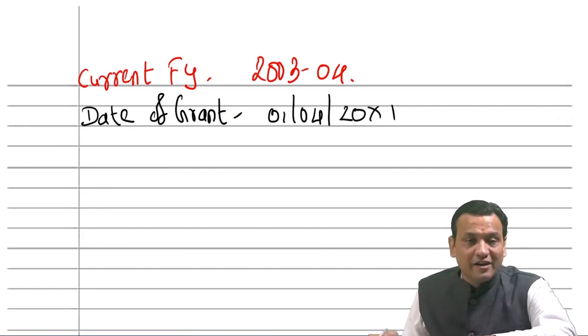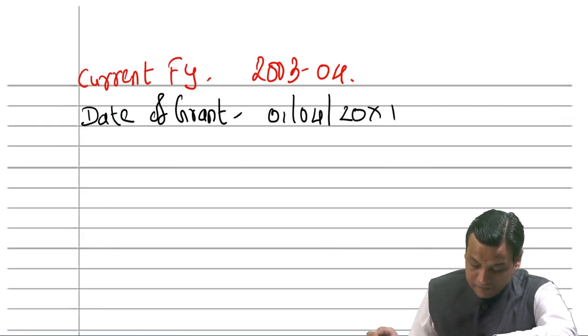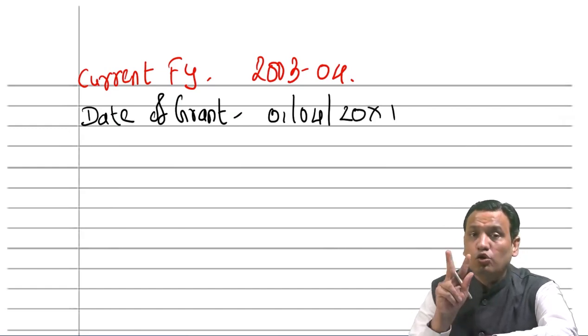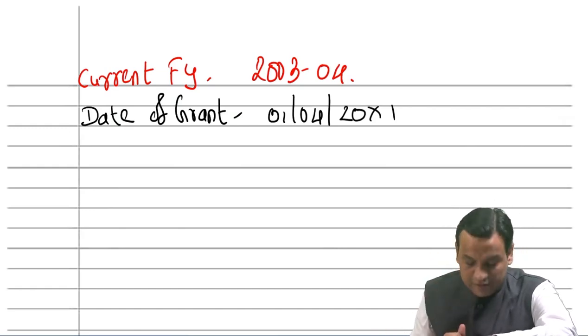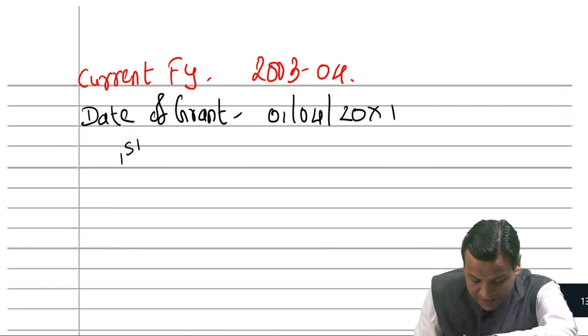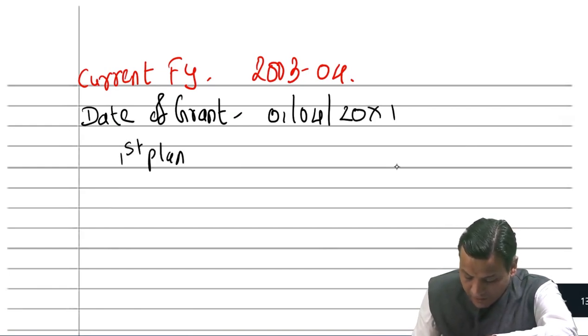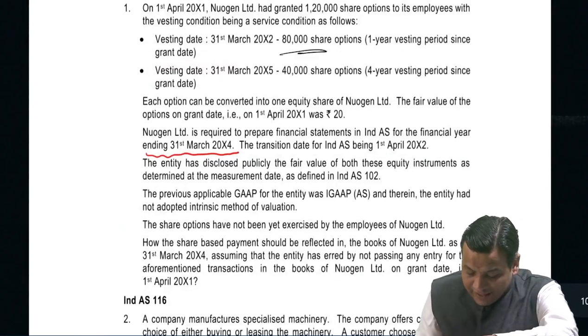This is the date of grant, and there you are giving 2 share based payment plans. The first plan is there and the second plan is there. The first plan requires 80,000 options and the vesting date is 31st March 2002.